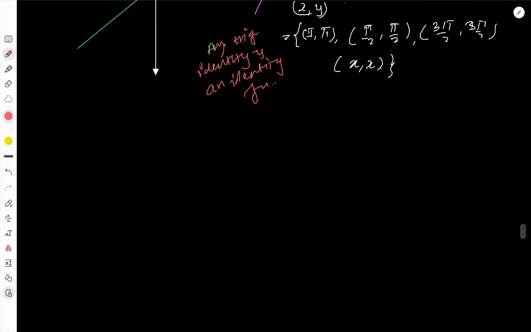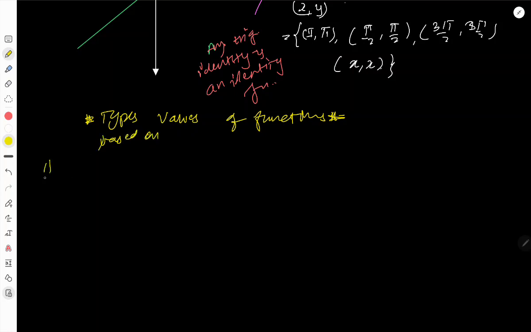So now let us discuss a few other types of functions based on the value of the function. The first one is a polynomial function.